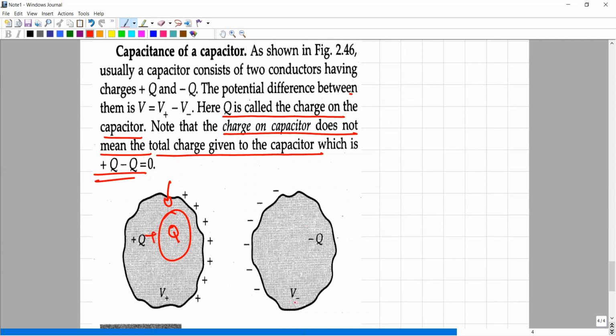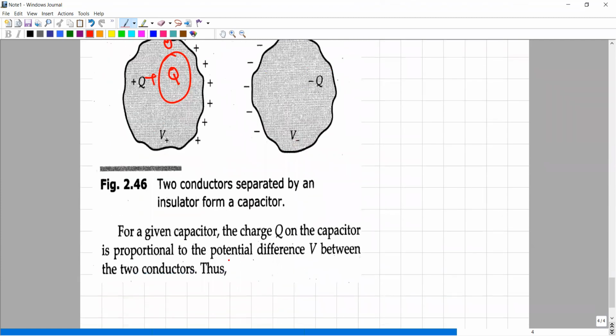That means the total charge on the capacitor will be Q, and again you will get the same relation: the charge Q on the capacitor is proportional to the potential difference between the two conductors.